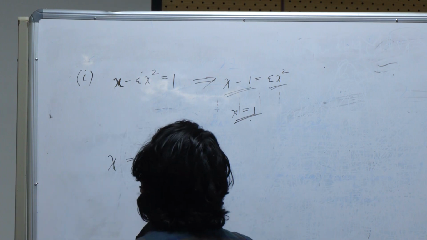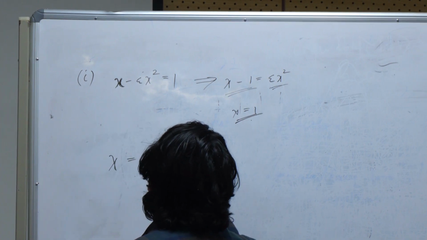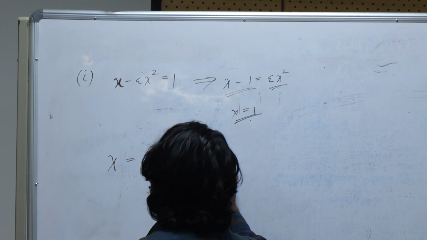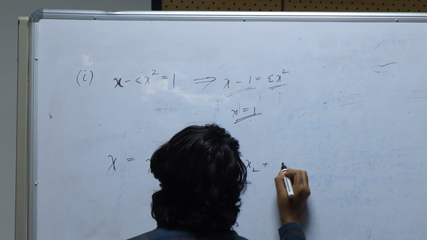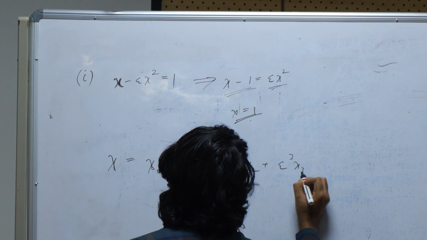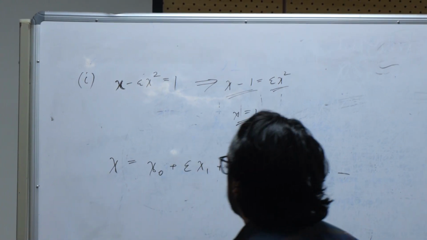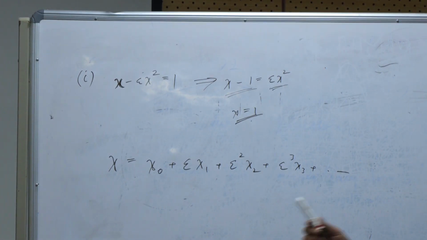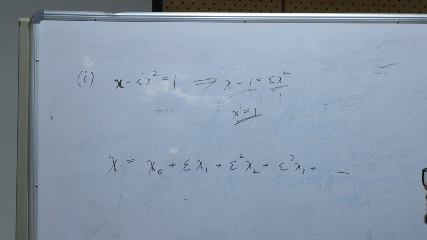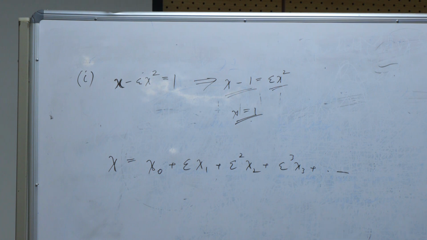I take x naught plus epsilon x1 plus epsilon square x2 and so on. We already know that x naught equals 1, but we'll show that we obtain the linear case at the zeroth order of epsilon.